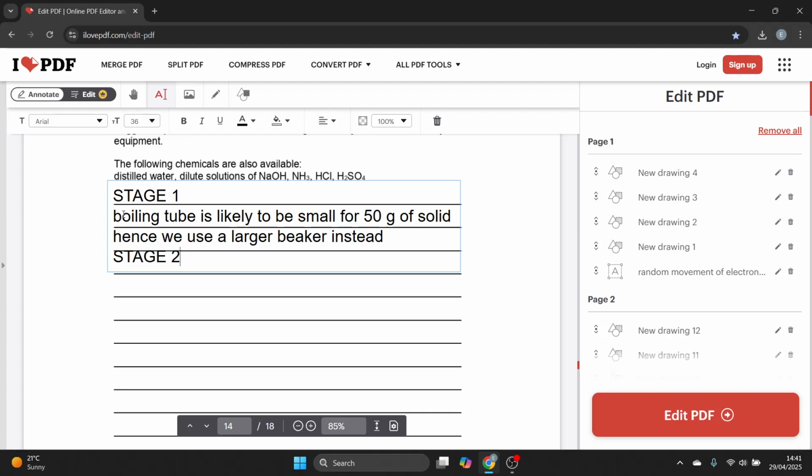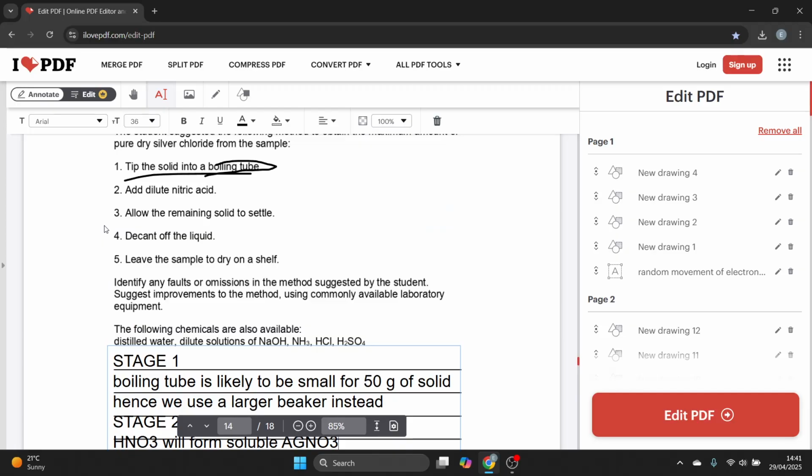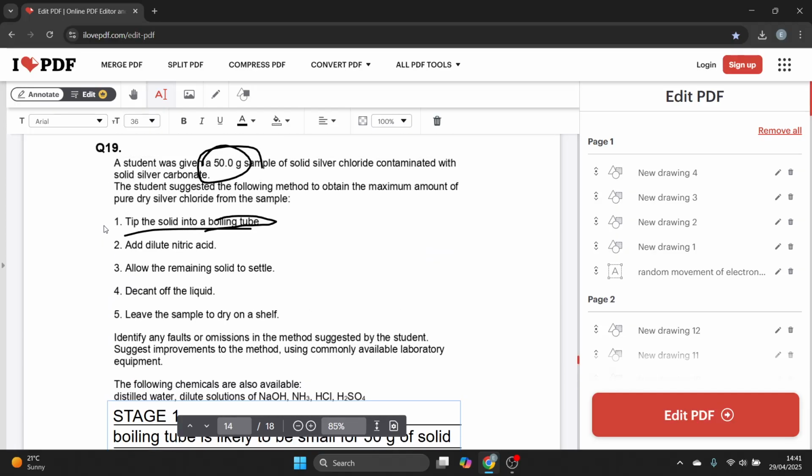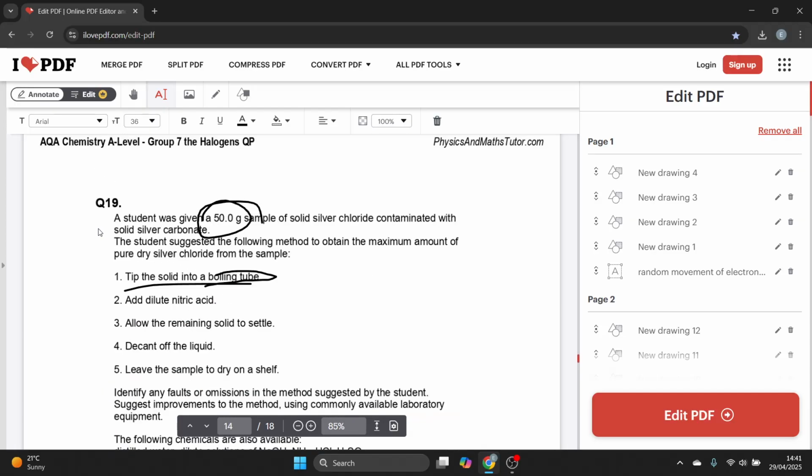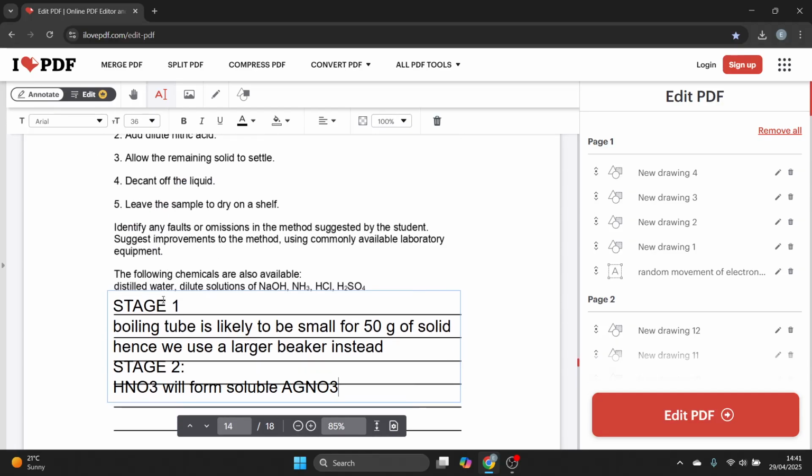Stage 2, nitric acid will form soluble AgNO3. Because we're pouring silver chloride into that, we will form AgNO3.